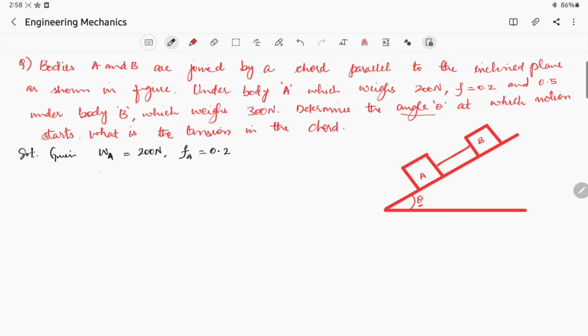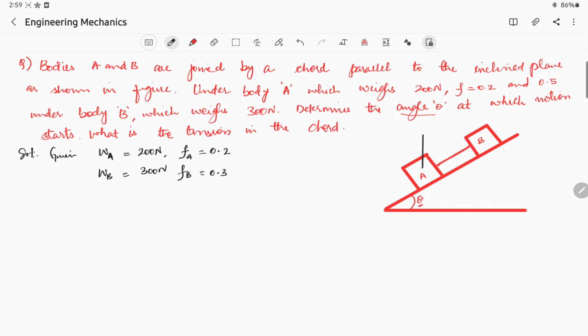And weight of block B is WB, which is equal to 300 Newton. And coefficient of friction under block B is 0.3.